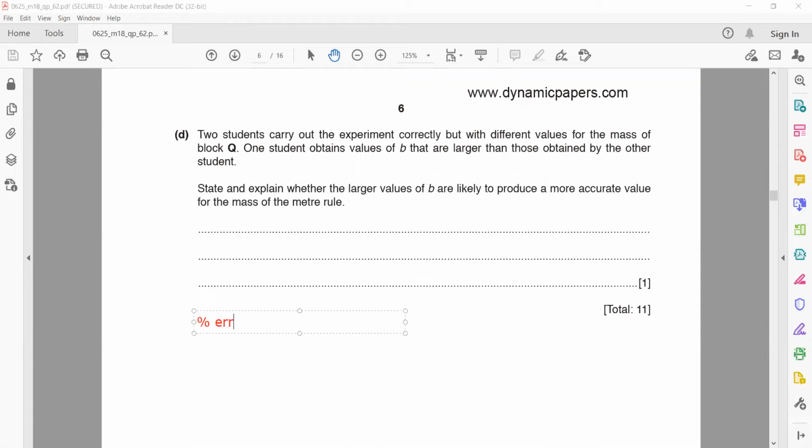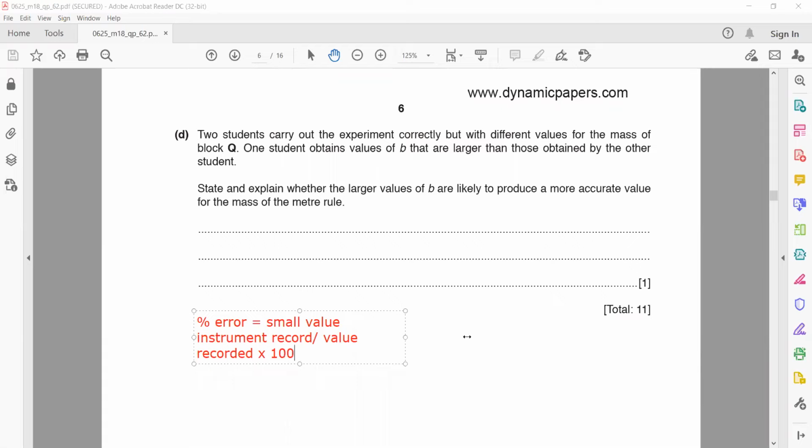Because the formula for percentage error is the smallest value which the instrument can record, divided by the value recorded, multiplied by 100.